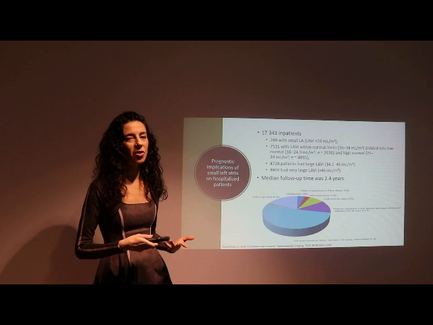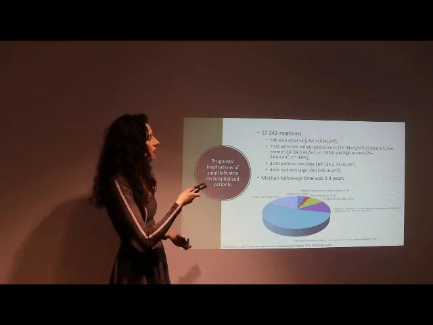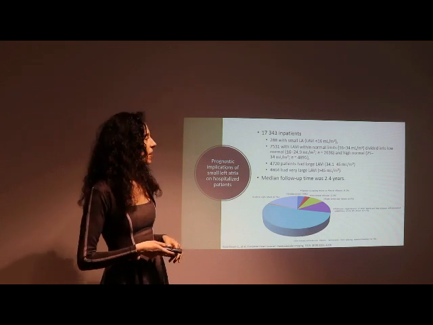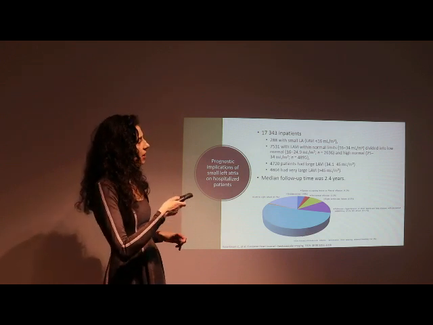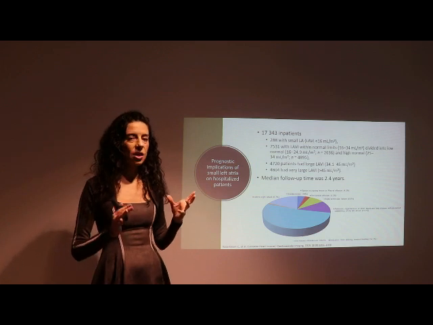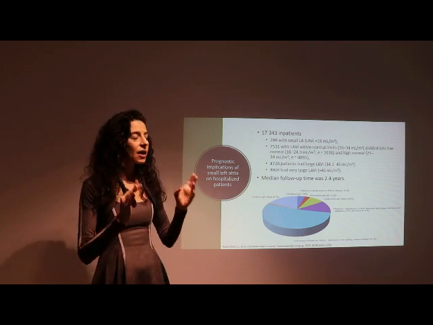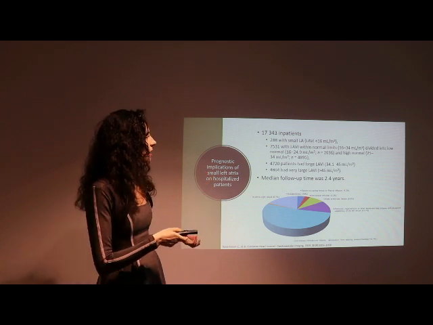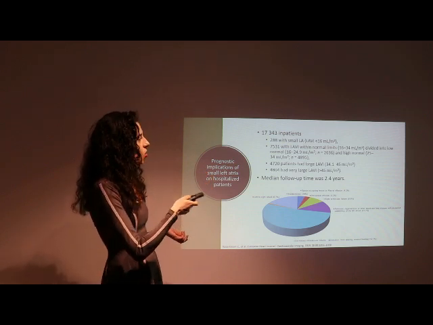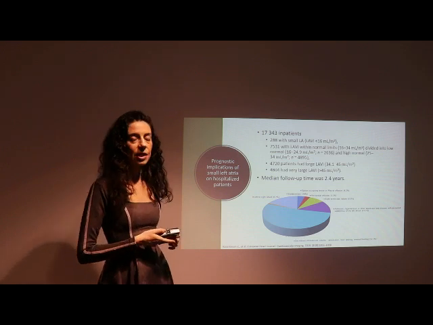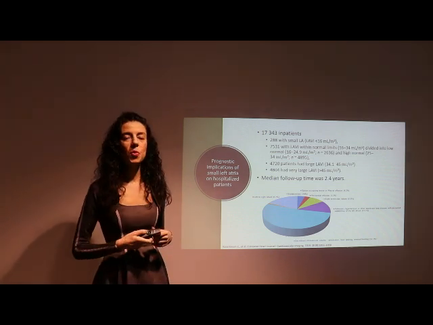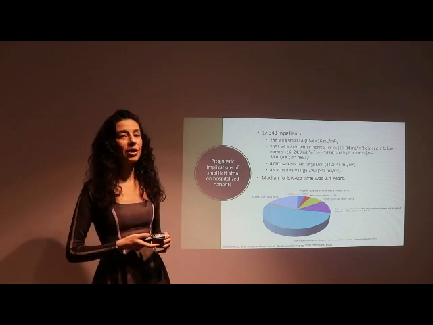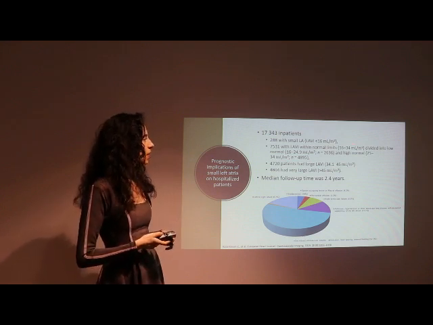Small left atrial volumes were defined with a volume less than 16 milliliters per square meter. Then, within the normal range limits, the authors divided this whole group into two subgroups: low normal, from 16 to 25 milliliters per square meter, and high normal, from 25 to 34 milliliters per square meter.